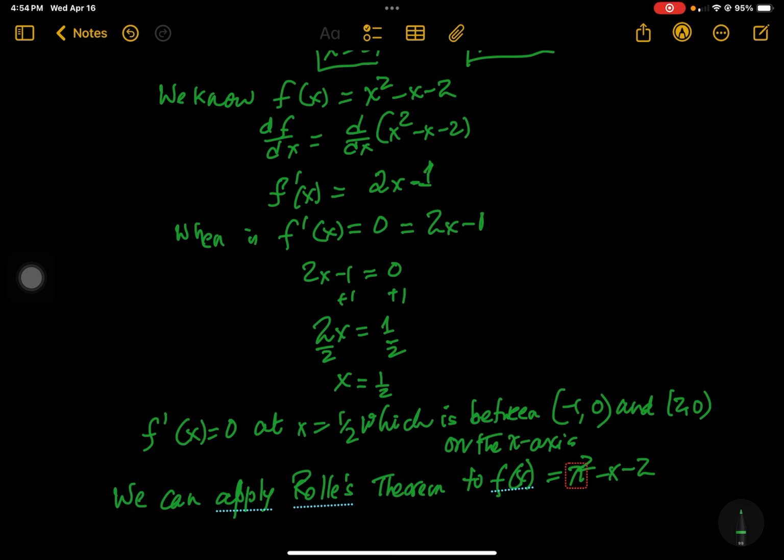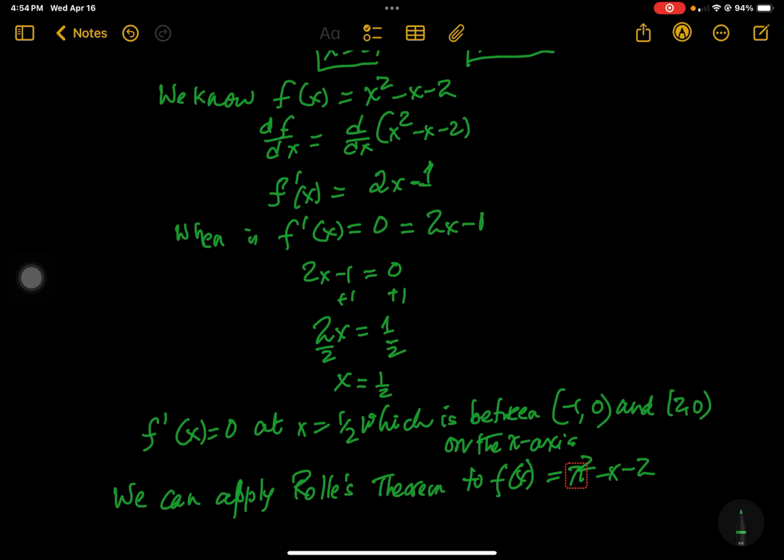Basically, Rolle's theorem says that if you find two intercepts of a function, two values where the function is 0 on the x-axis, then in between them there should be a point where the derivative of the function is also equal to 0. In this case, our one point on the left where f of x is 0 is (minus 1, 0), that is x value of minus 1, y value of 0, on the horizontal axis, and the other point is (2, 0) on the right. Now we found f prime x, the first derivative of f of x with respect to x, and found that it is equal to 0 when x is equal to half.